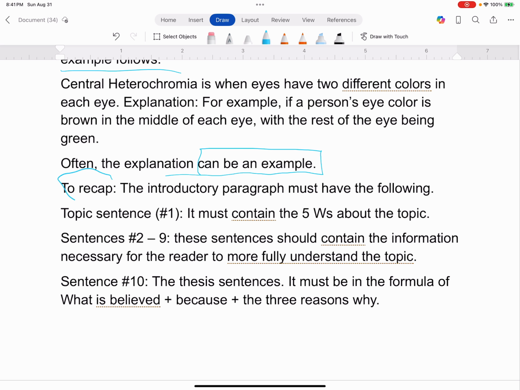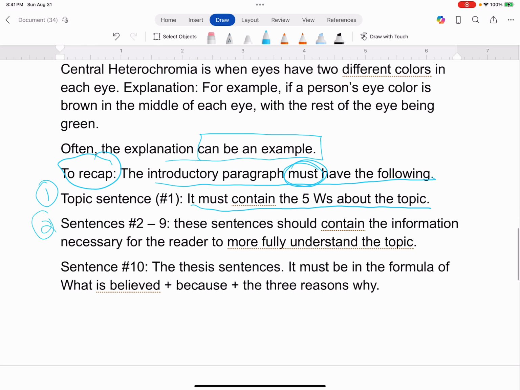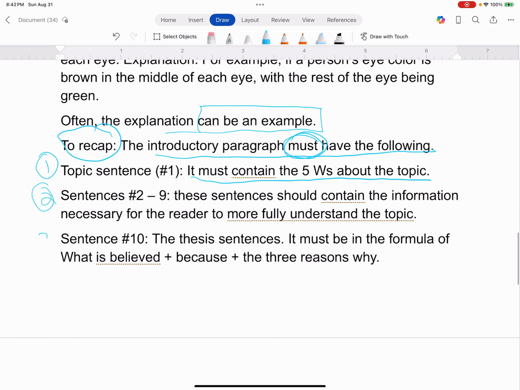So to recap, the introductory paragraph must have the following. Sentence 1 must contain the 5 W's: who, what, where, when, how, and why. Sentences 2 through 9 should contain the information necessary for the reader to more fully understand the topic. Number 3, the thesis sentence.